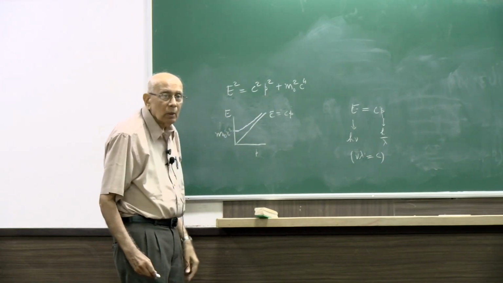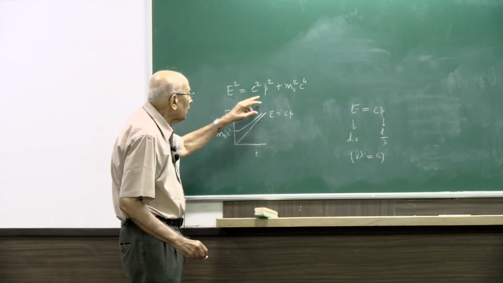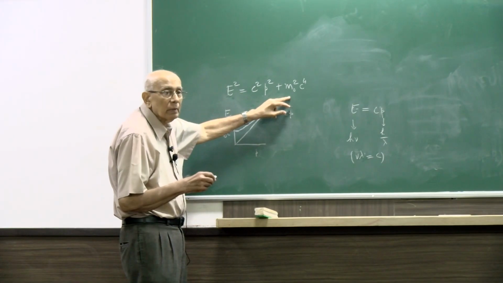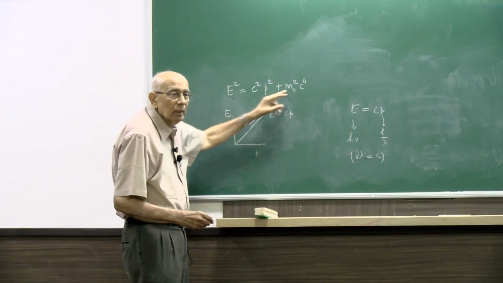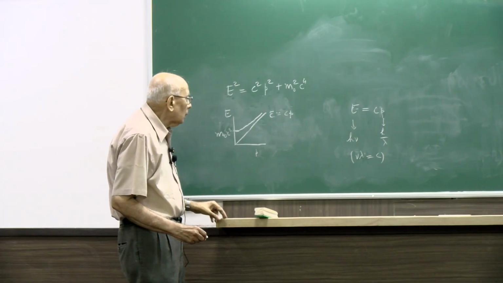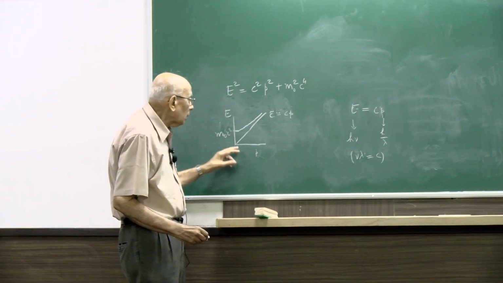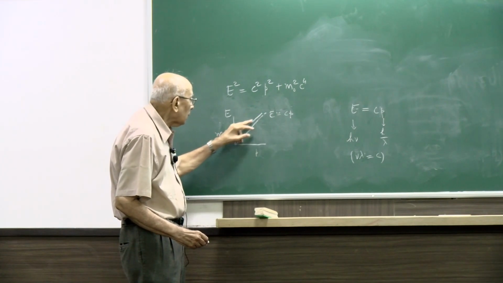So if you're asked what's the relativistic limit, it's when this becomes bigger than that, then it's ultra-relativistic. And if m naught is 0, this term is always bigger than that. So photons satisfy this line. Massive particles satisfy this line with the rest mass.